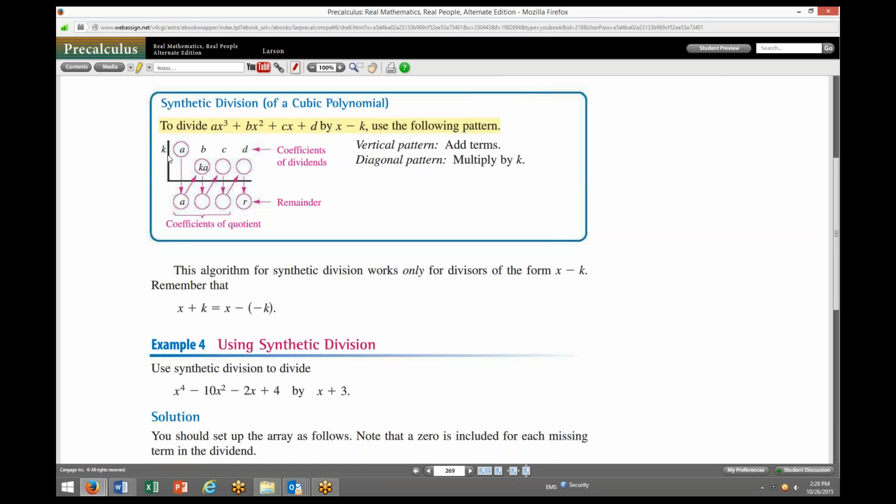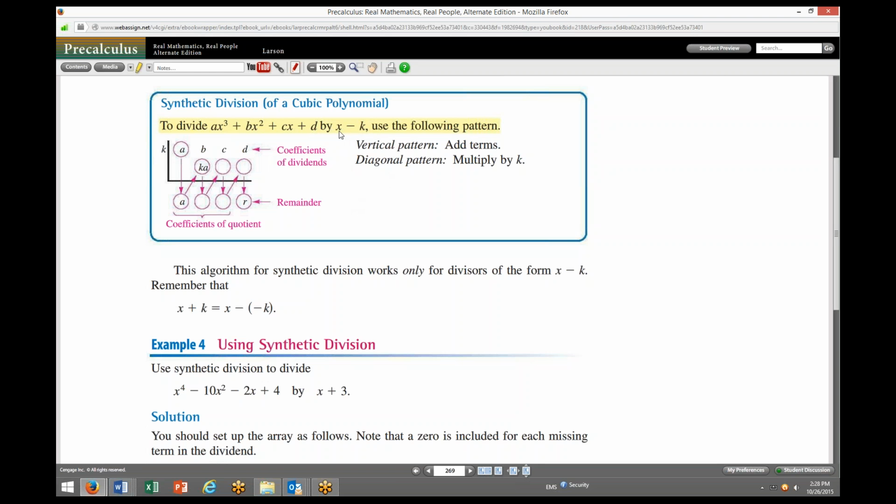So put k over here to the left of the a. For instance, if this was x minus 3, then we'd have 3 here for k. If this was x plus 2, that would tell us that x plus 2 is really x minus a negative 2, so we would put negative 2 over here.